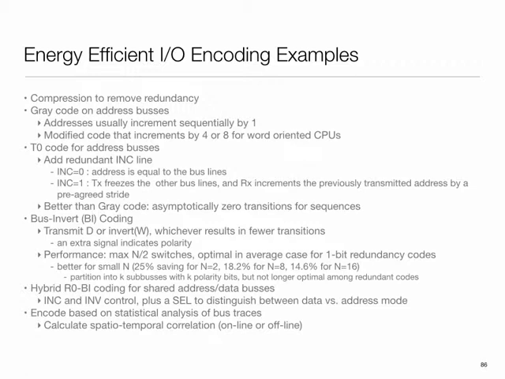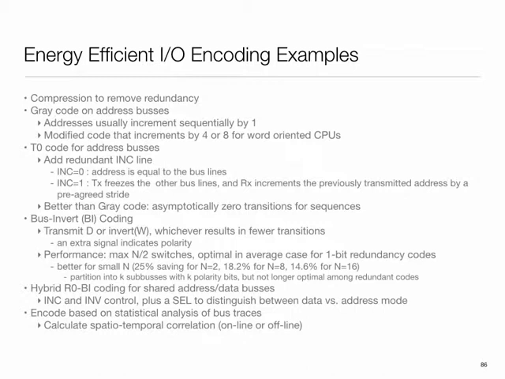So instead of sending a new address every time, what if I were to add an additional line called the increment line? The idea is that I send the base address, and then from that point on, I just tell it: increment equal to 0 means the address is what I'm showing on the bus line, and increment equal to 1 means just use the next address. I'm not going to send you the next address.